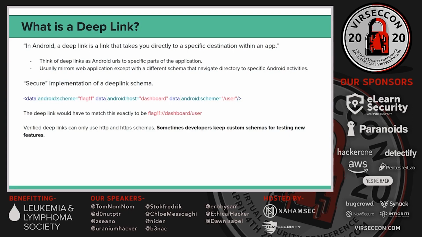Verified deep links can only use HTTP and HTTPS schemes. But for testing purposes, sometimes developers keep custom schemes. And I bold this because I have found an entire HTML file full of deep link tests, which helped me greatly in exploiting a very secure application.